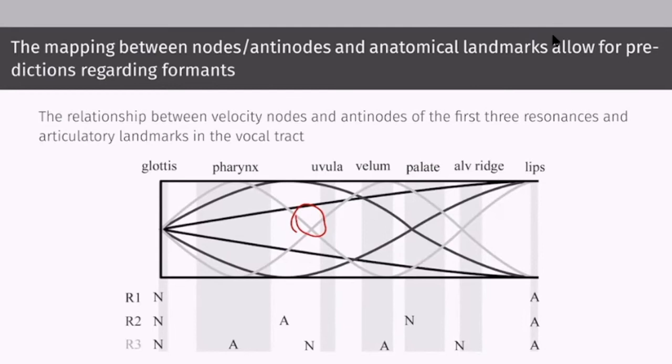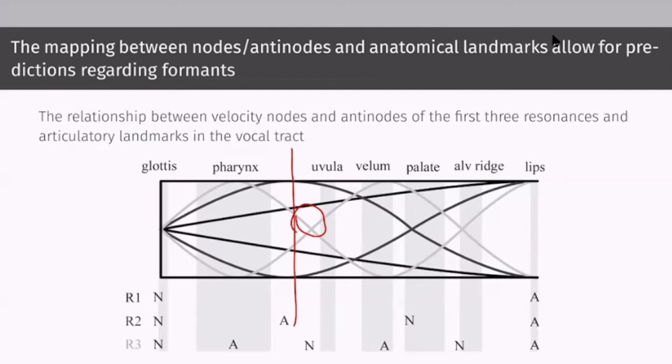If I have a constriction near an antinode, like roughly the same place between the pharynx and the uvula, then I actually lower the corresponding resonance. And if you do expansions instead of constrictions, then it's just reversed.